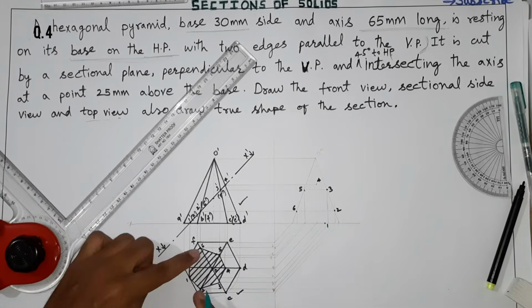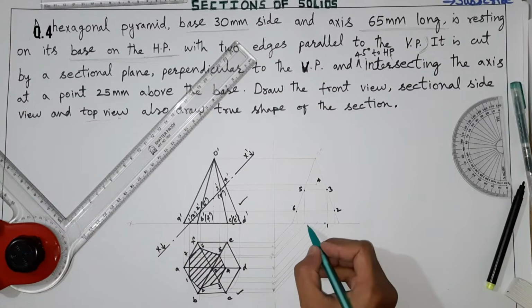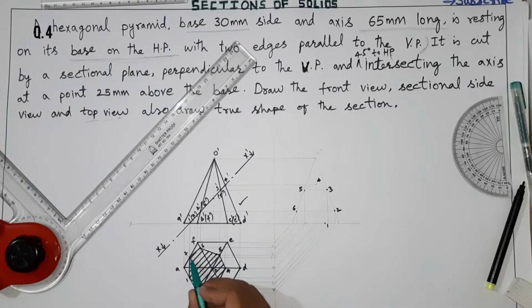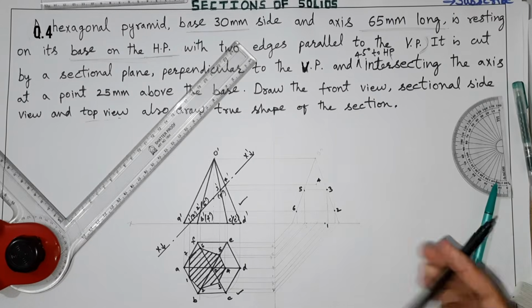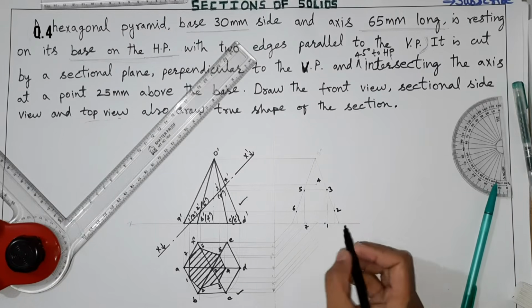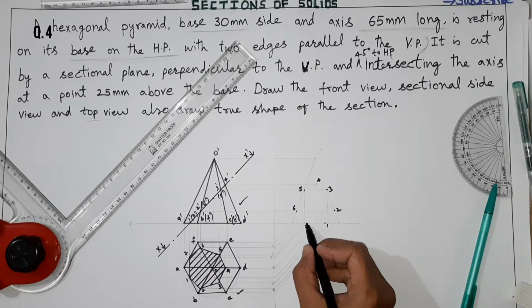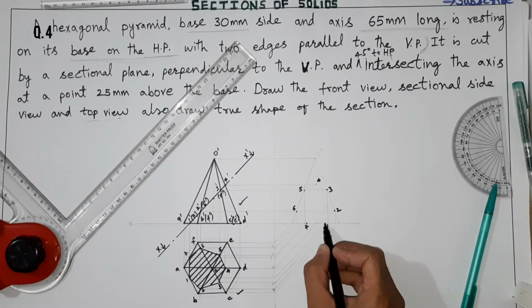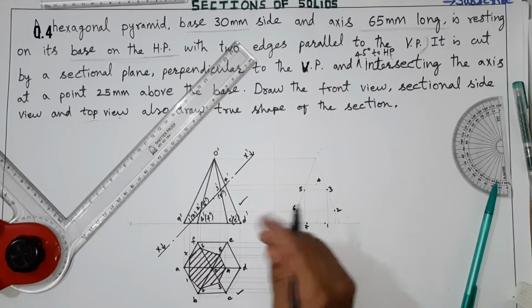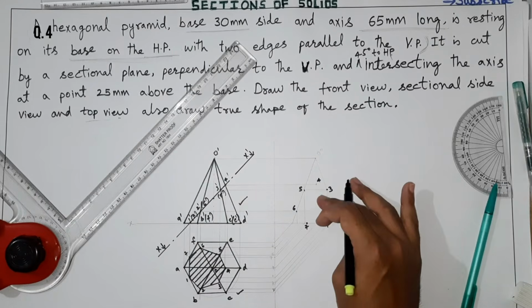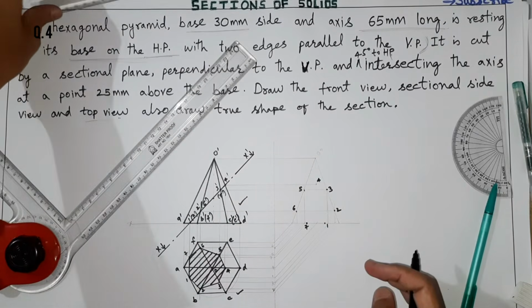You have to take from here only, you have to transfer, and here comes the point number 7. This is 7th point. Okay. Except point number 1 and point number 7, this is point 1 and this is point 7. Point number 2, 3, 4, 5, 6 can directly be taken from here. That is option we have in the pyramid problems.